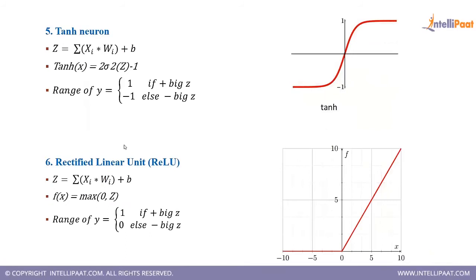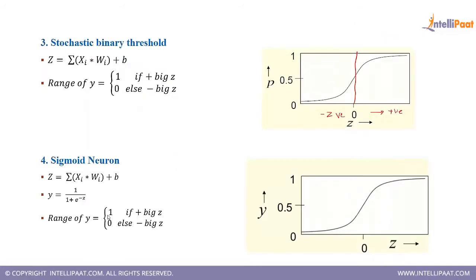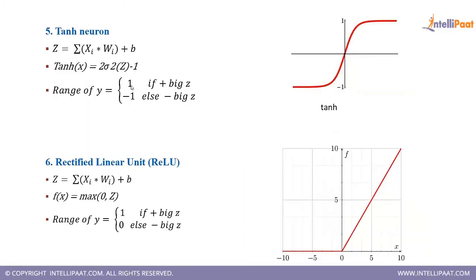Another one is your tanh. Tanh is one where you get negative values. The range of values was from 0 to 1 in the earlier sigmoid, right? Here the values can range from -1 to 1.